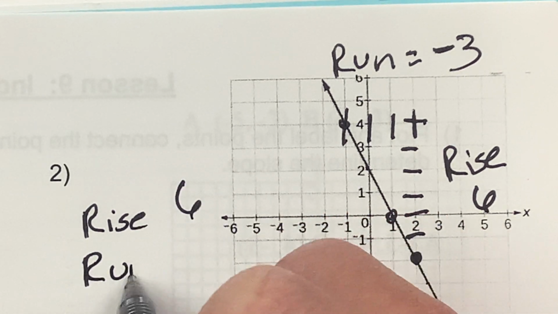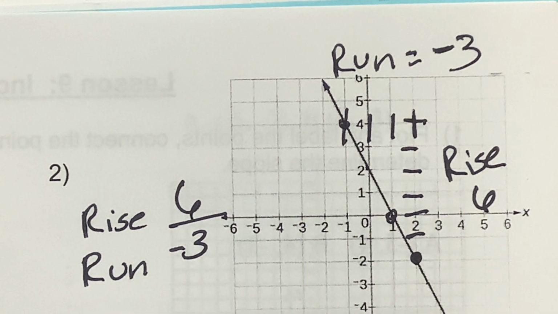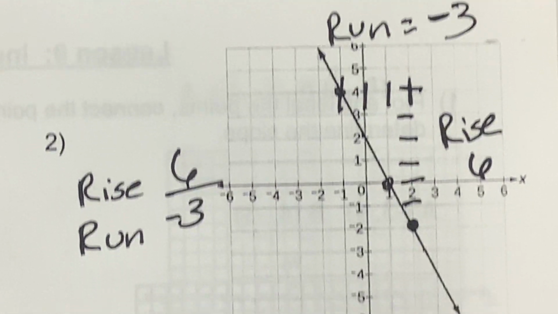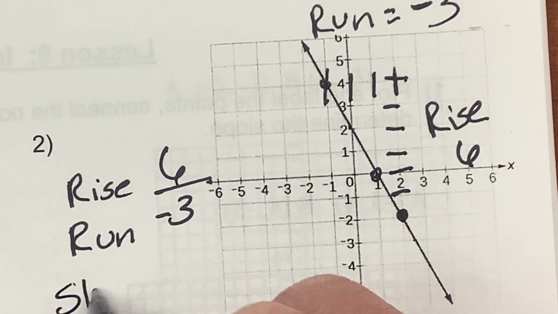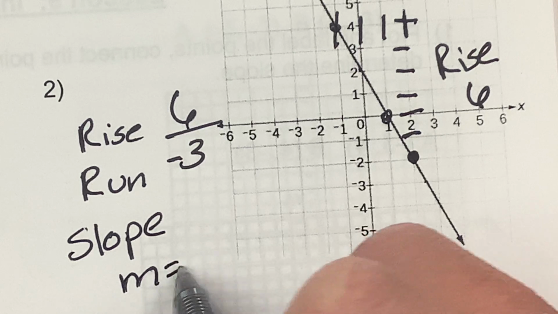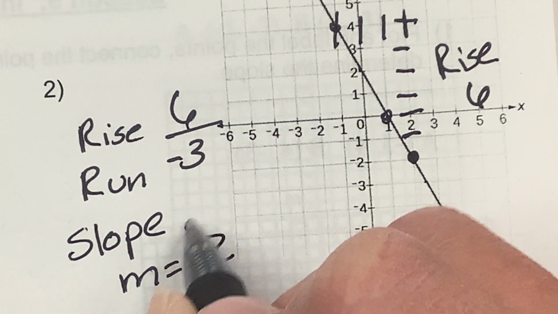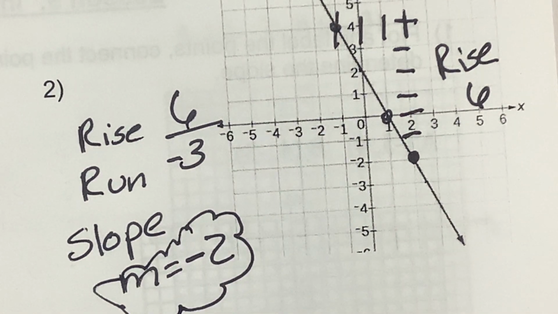My run is negative 3. Now I have to reduce my rise over run, and 6 divided by negative 3 is negative 2. So my slope, m equals negative 2. Because once I reduce it, it's at negative 2. Okay.